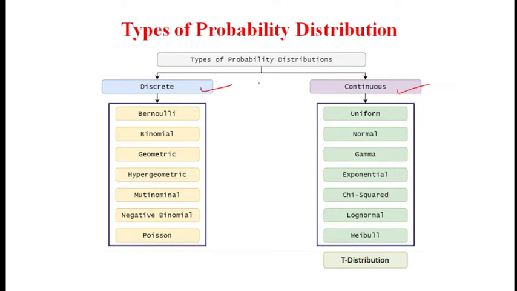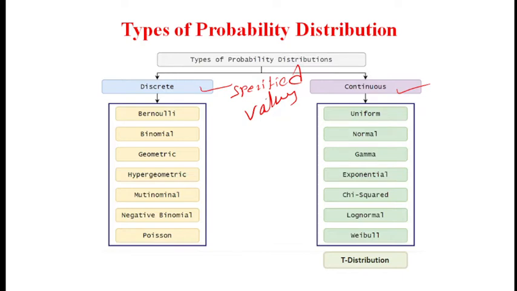As I told you with inferential and descriptive, here also we can take the same example. Under discrete probability distribution, it can take only specified values.